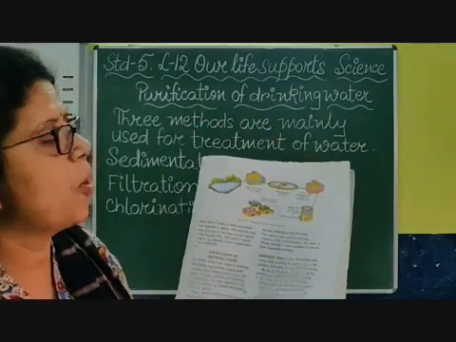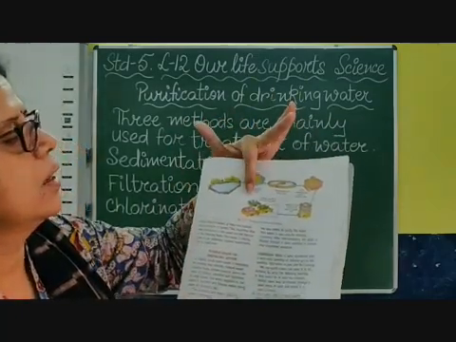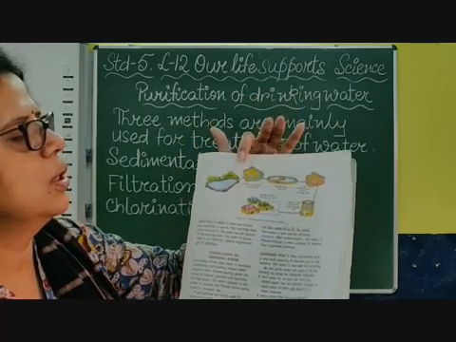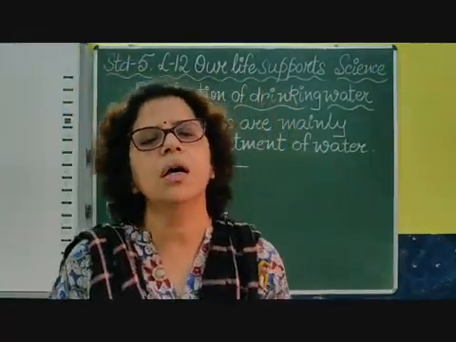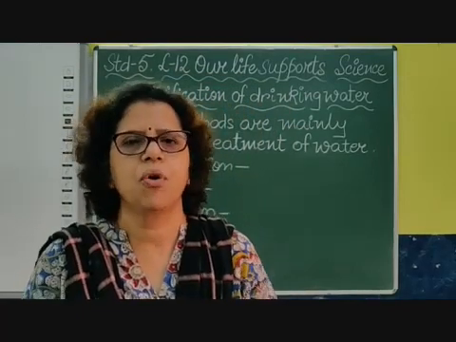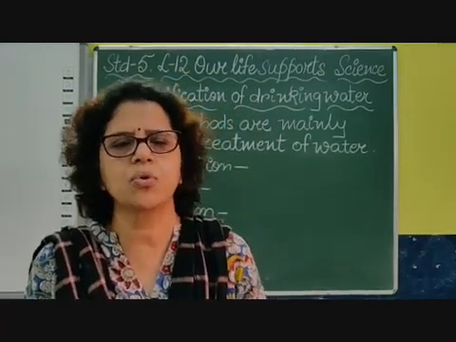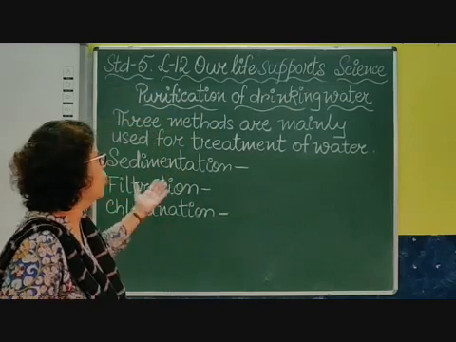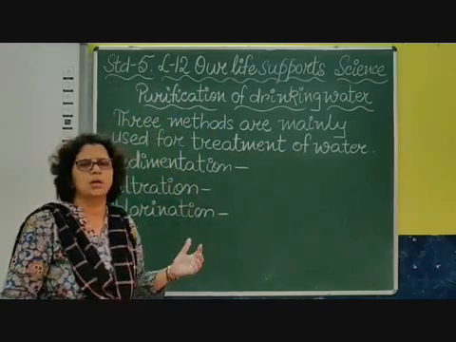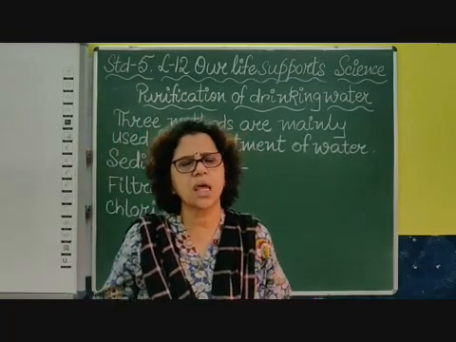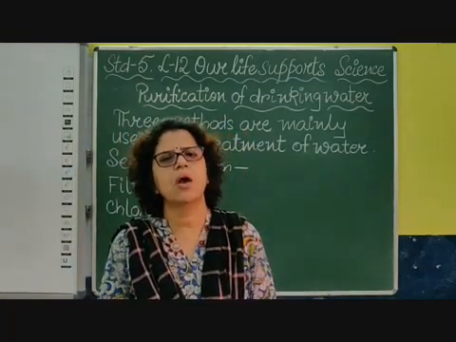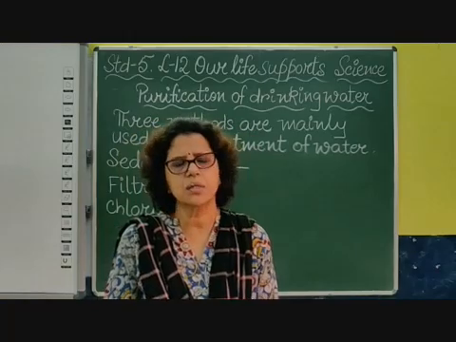Chlorine gas is a little poisonous, and then drinking water is supplied to the different homes. In this way water is treated for the whole city or the town. So this is the way of purifying drinking water for the whole city on a large scale, and this is their water purifying plant. Thank you.